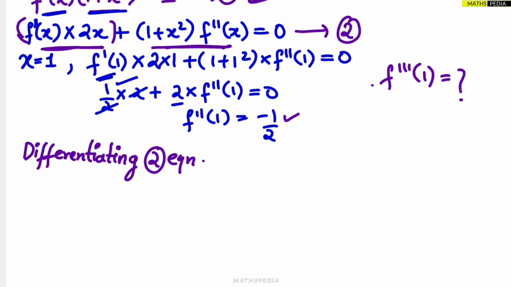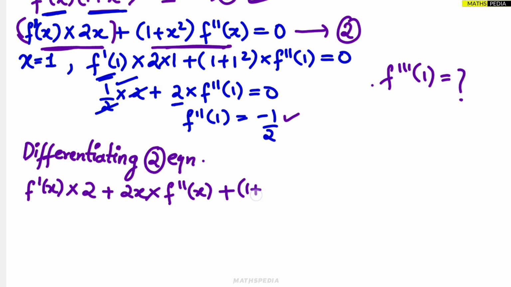So first function as it is into differentiation of second, 2x differentiation 2, plus second function as it is into differentiation of first, f double dash of x, plus, now here also the UV rule, first function as it is into differentiation of second, so triple dash you got, plus second function as it is into differentiation of first, so 1 plus x square, differentiation is 2x. So here you also observe that this particular thing you needed, right? You got that particular thing.